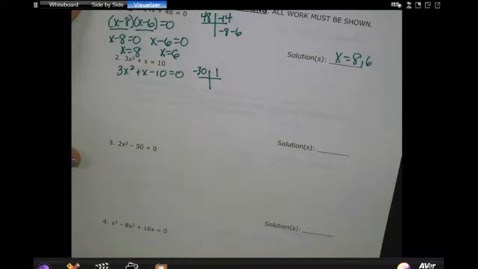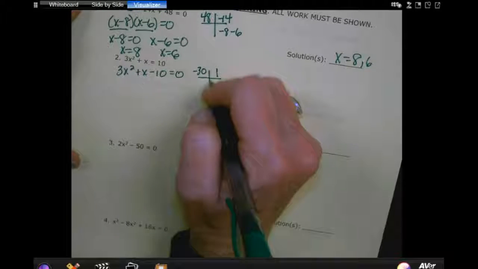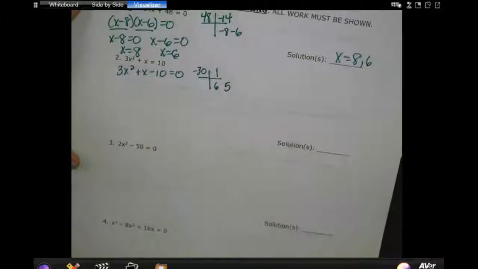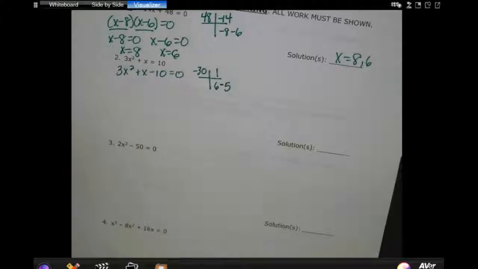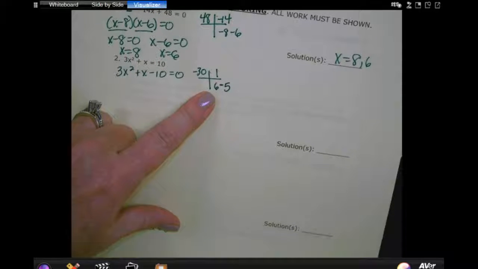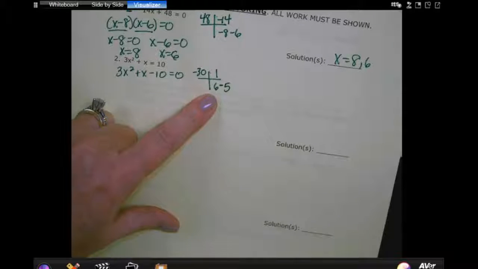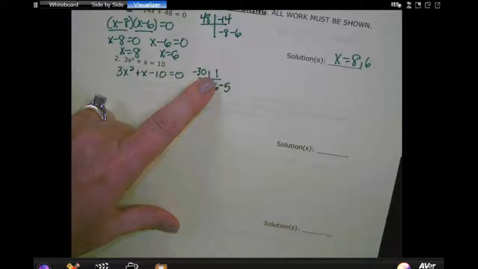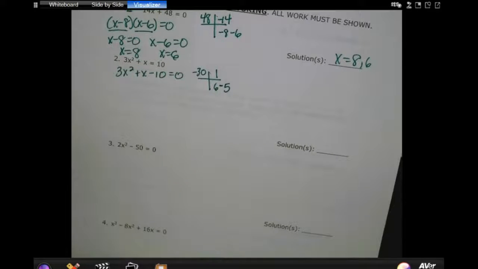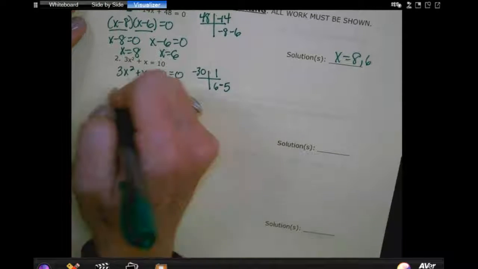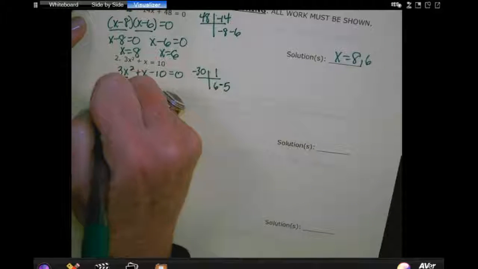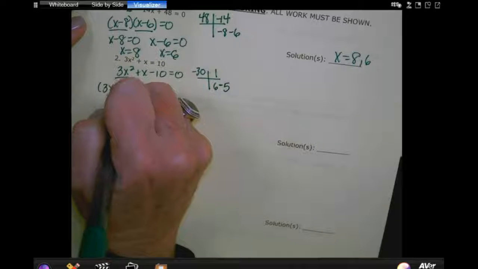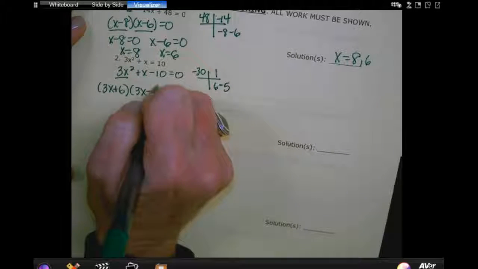So what factors do I want? 6 and 5? And so negative 5, because it's a negative 30. Why is the 6 not negative? Why is the 5 negative and not the 6? Right. So you want a positive. So if this is a negative 1, then the 6 would be negative. It would be the opposite. So when I put in parentheses, what's in front of the squared this time? So this time it's 3x plus 6 and 3x minus 5.